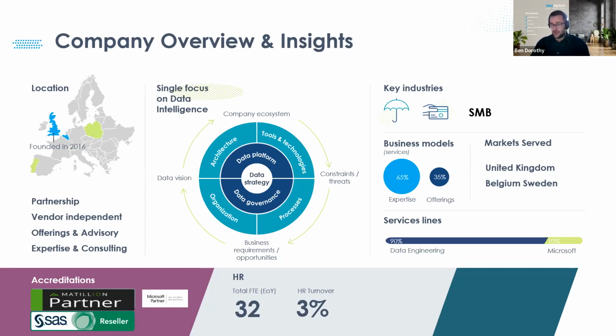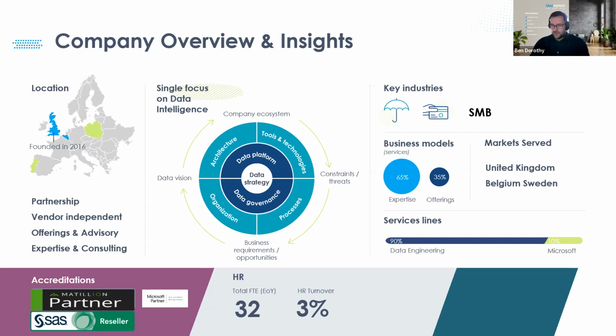The industries we operate in, I've just put the primary industries we're operating in at the moment, so insurance and financial services, and we also support small, medium-sized businesses across various sectors, including charity organisations and manufacturing, for example.